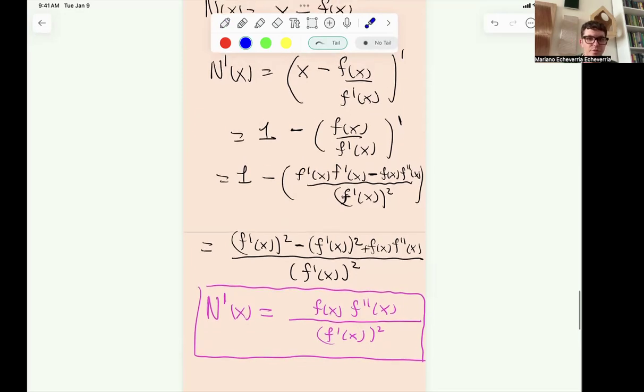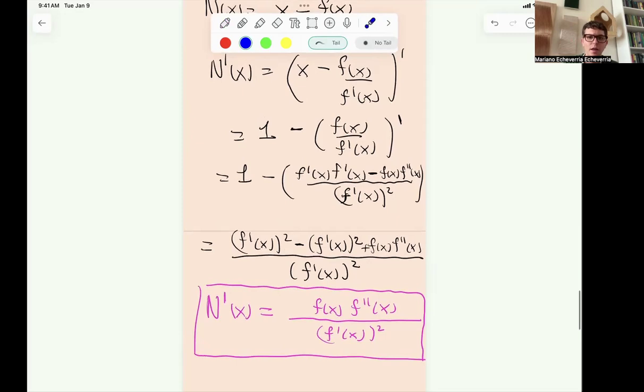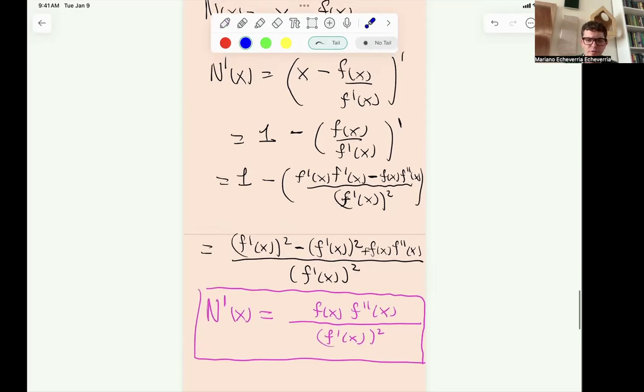The first two terms? Oh, you mean these ones? Oh, yeah, there is a plus. No, no, you're good. No worries.